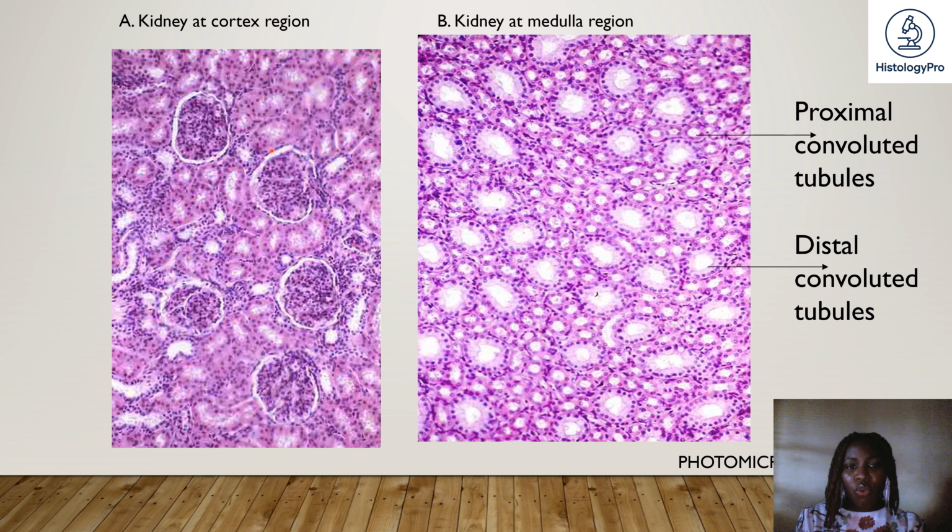In the histological image provided in this slide, the proximal convoluted tubules can be identified by the following key features. Looking at the lumen of the proximal convoluted tubules, it appears small, narrow, and often irregular or partially closed. This is due to the presence of a dense brush border, also known as microvilli, on the apical surface.